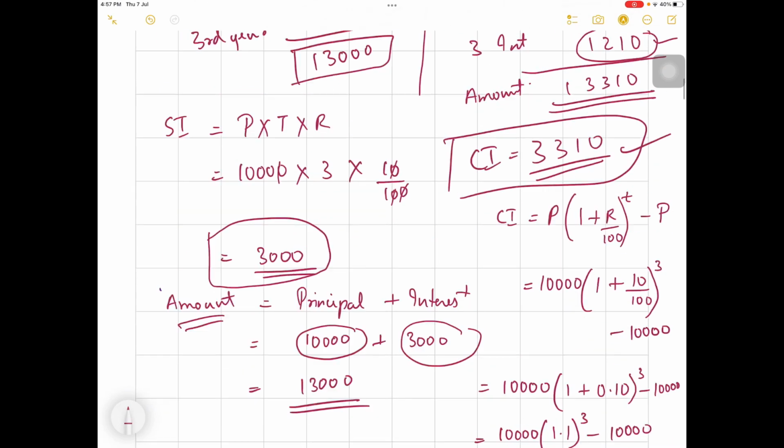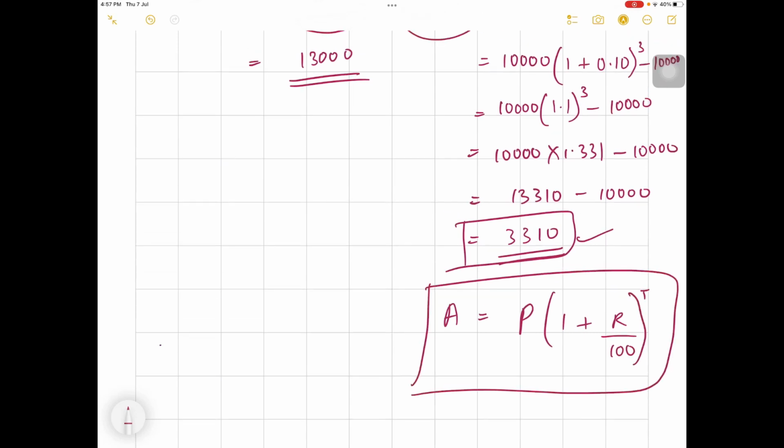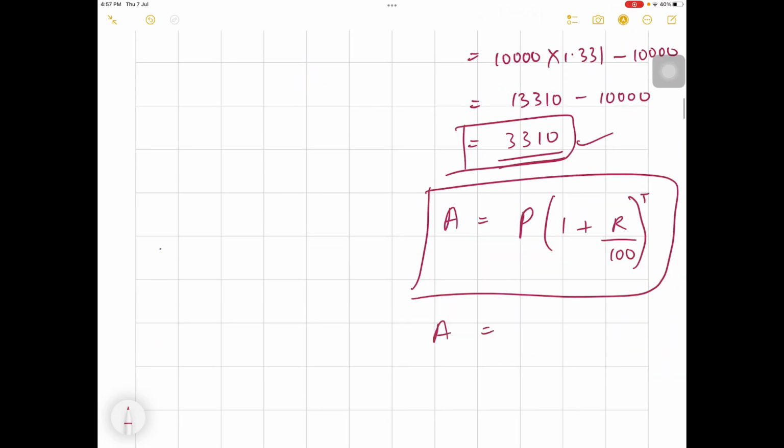In case of compound interest, the formula for the amount is P into 1 plus R upon 100 raised to T. This is the formula for amount, and amount is principal plus interest. In this case, compound interest.